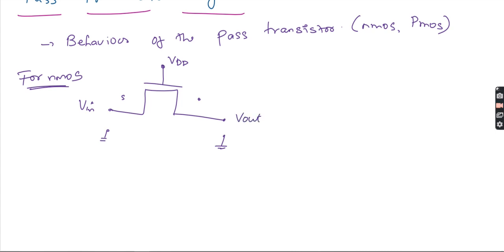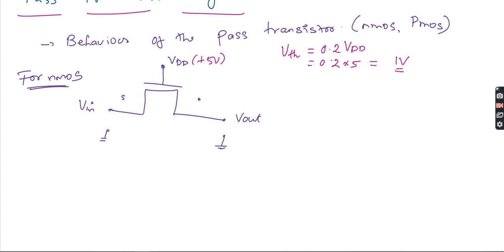Let me say VDD in this example is 5 volt. Now what about the threshold voltage? As you know how to calculate it, VTH is equal to 0.2 times VDD, so 0.2 into 5 volt is 1 volt. The threshold voltage is 1 volt now.